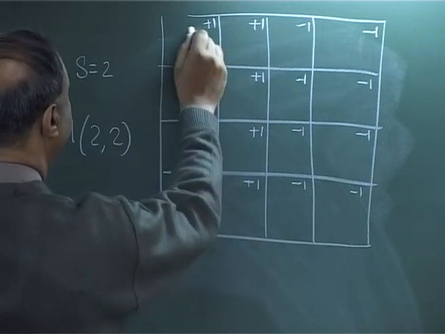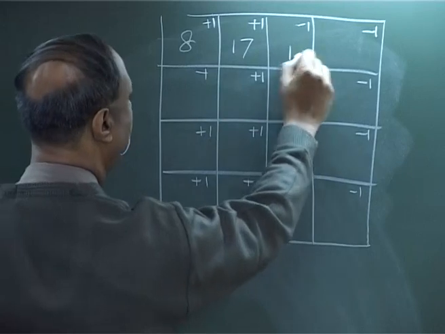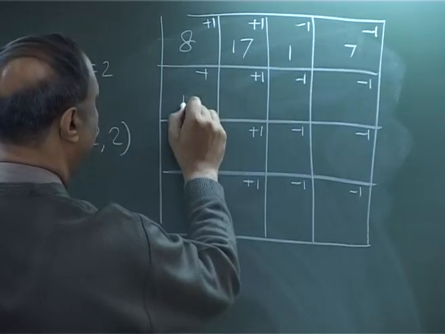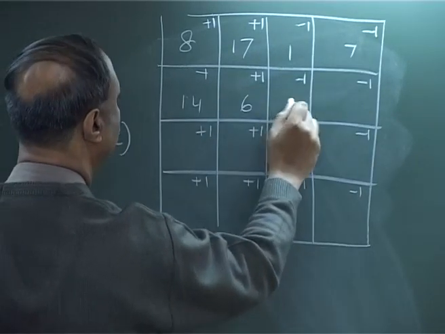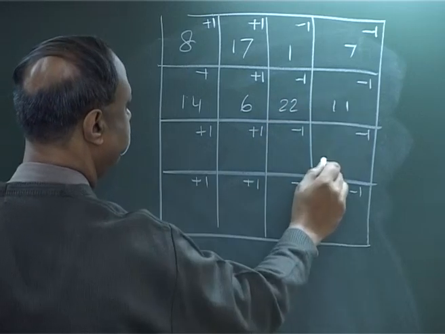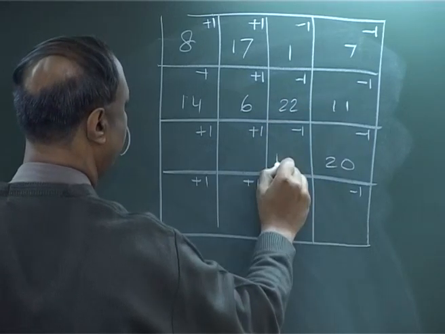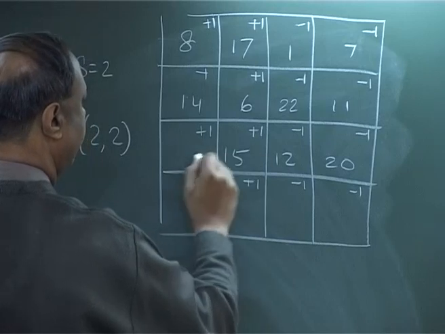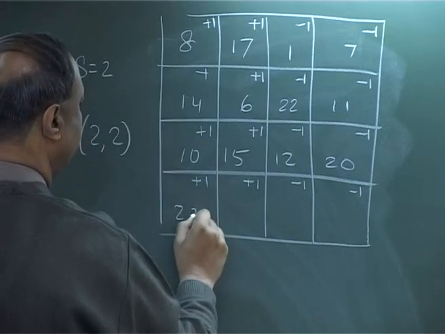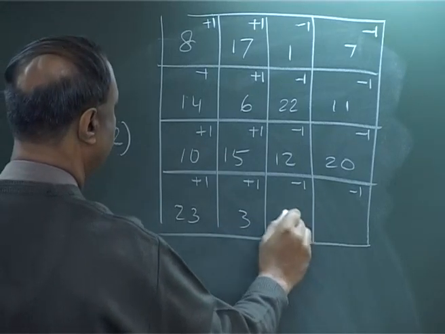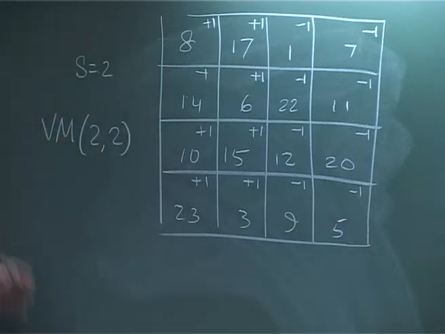Actually, you had this data: 8, 7, 1, 7, 14, 6, 22, 11, 20, 12, 15, 10, 23, 3, 9, 5.